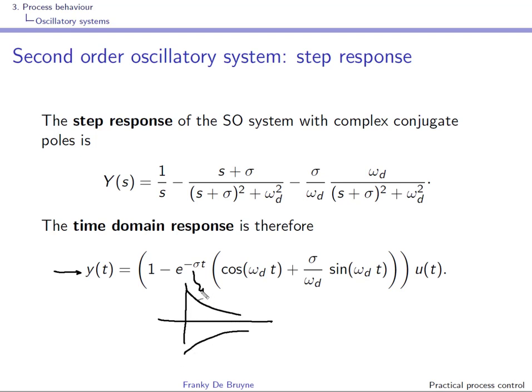This is this one over here, and then you'll have this oscillation in this envelope, right? This is something that you have studied in the course of fundamentals of control theory, and sigma here is really zeta omega n, so that's related to the real part of the poles of the transfer function, and omega d here is the damped frequency, so that's omega n times the square root of 1 minus zeta squared.